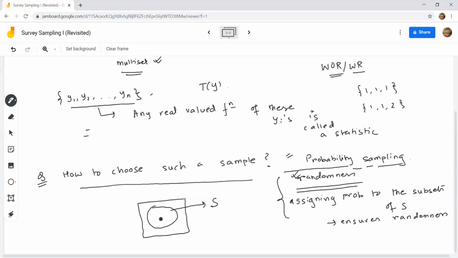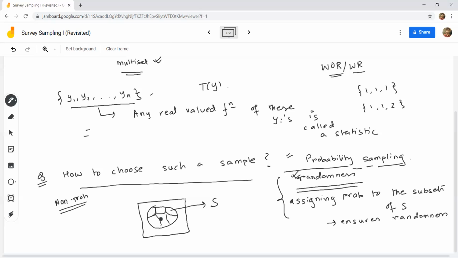There is also another sort of sampling called non-probability sampling, which does not assign any probability to the subsets. So it is kind of a deterministic approach. Say I have partitioned this set into, say, 6 parts.